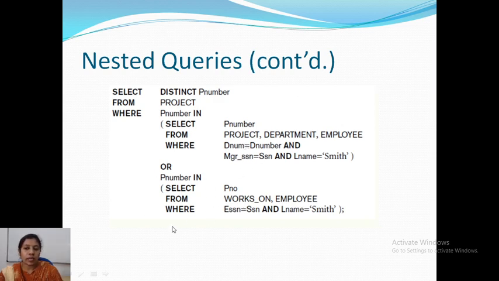First we find the project numbers of the department he controls, in which the project is going on. Then another query finds the project numbers he is working on, and then we take the union, or OR operation.